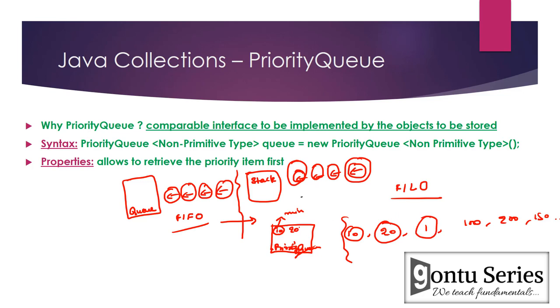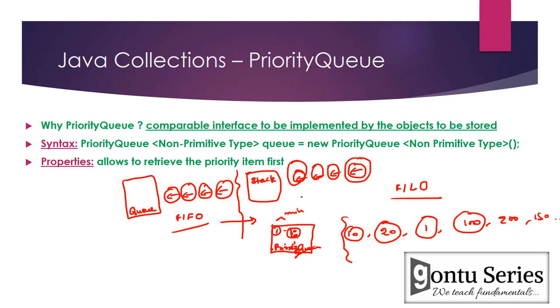When you add 1, because 1 is less than 20 and 1 is less than 10, it's going to rearrange this whole thing in such a way that 1 is going to point to the first position, and the rest, 10 and 20, are going to be present after that.